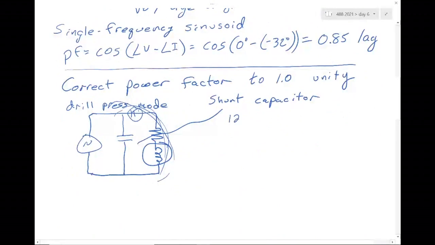So we need a shunt capacitor. Let's write this out. Provide 135 VARs at 120 volts.